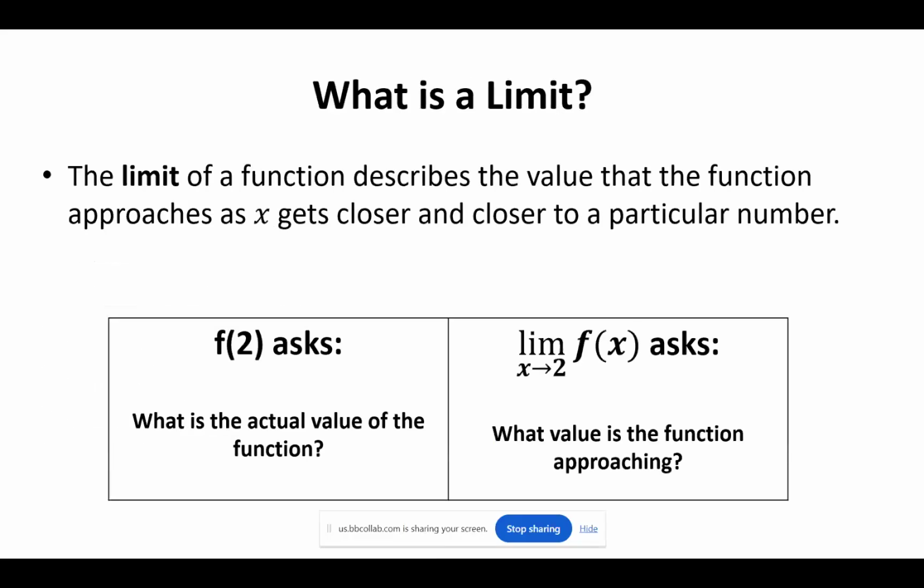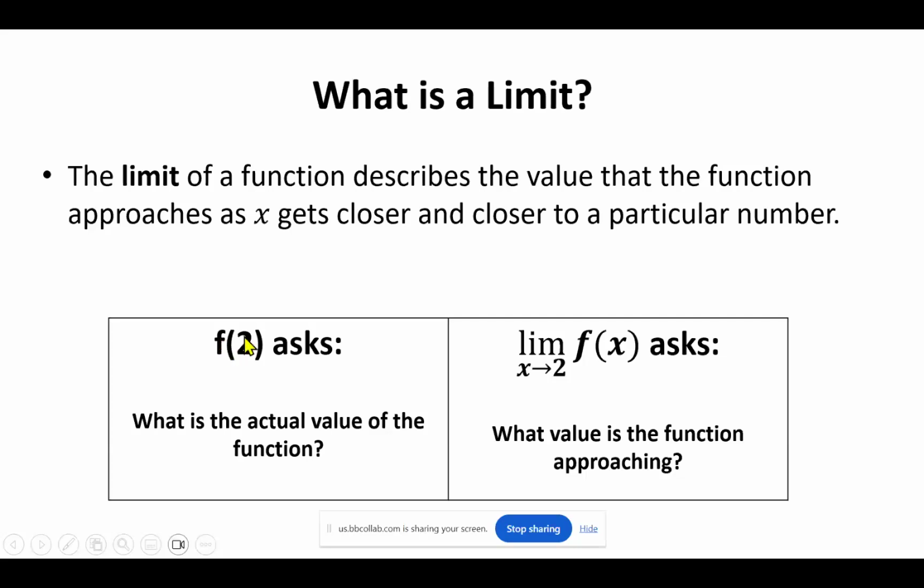Okay, so the first one is going back to the limit. This is the first thing that we probably study in the course. Basically, a limit is supposed to tell you what is happening when x gets closer and closer to a particular number. On the table below, what you see is the difference between evaluating a value.